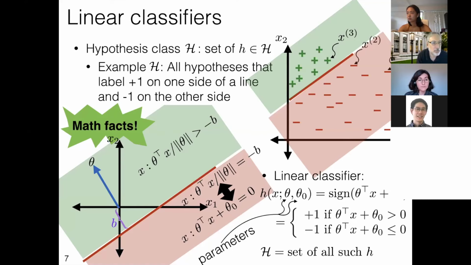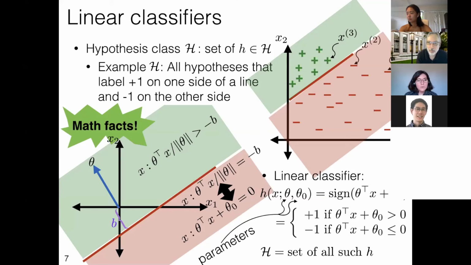And so now we defined a hypothesis that labels +1 on one side of a line and -1 on the other side. We can do this for every line, but not just every line, every direction that you might label plus and minus, and we can see that that's determined by theta.